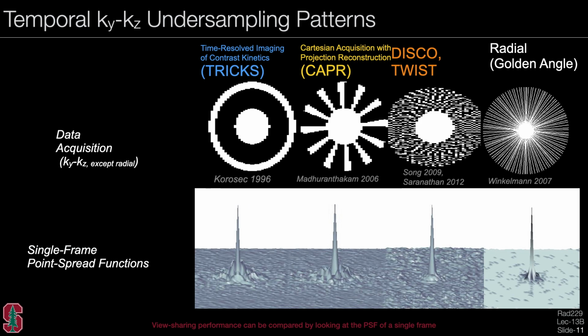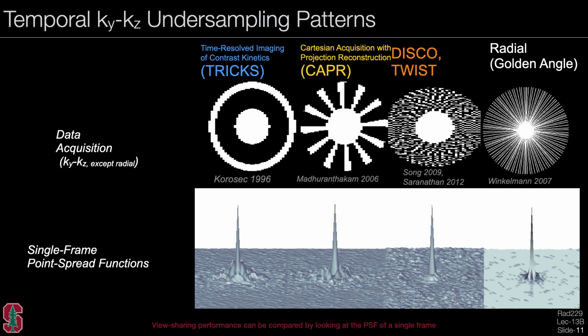So there are a number of ways to do view sharing with undersampling patterns, and these are shown here. Going from left to right, we have the TRICKS approach, which divides k-space up into annular regions. All of these approaches acquire the central information frequently, but in TRICKS you would acquire different rings of k-space.